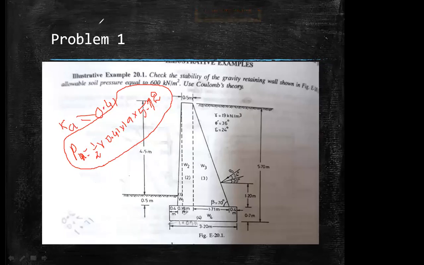So tell me how much you got for PA. Rashashwini, are you doing? Yes, ma'am. How much you got for PA? So everything is given here. 1 by 2 into 0.41, the Ka value, 19 is the gamma value, H square, 5.7 whole square.